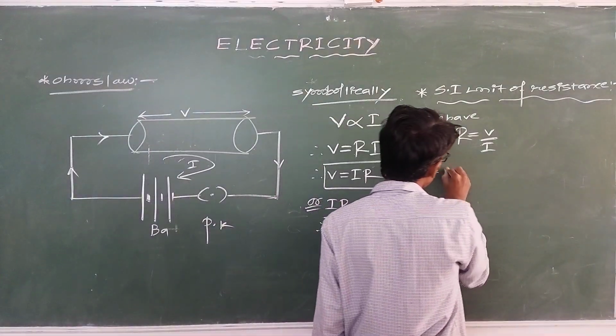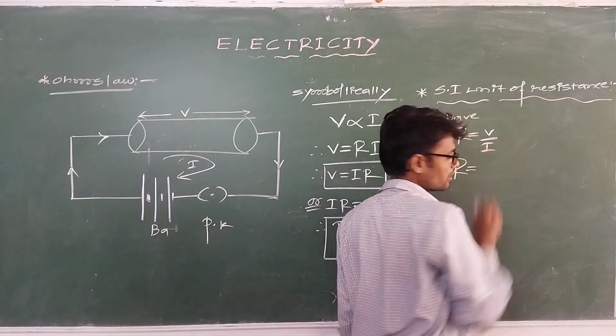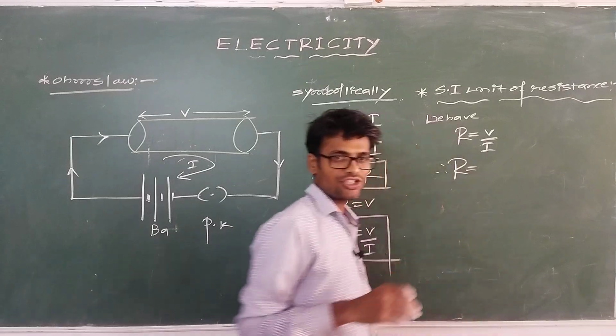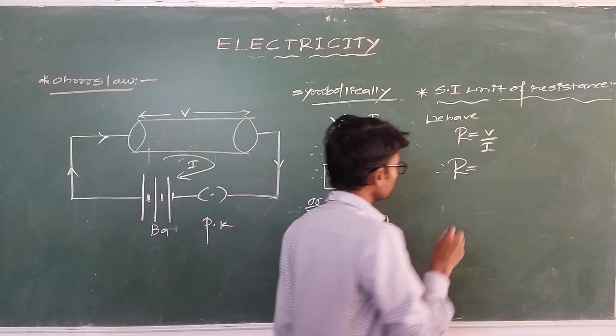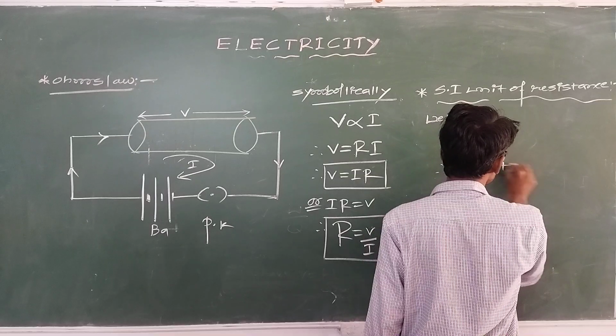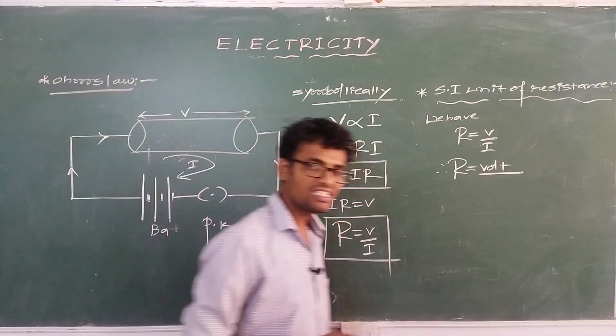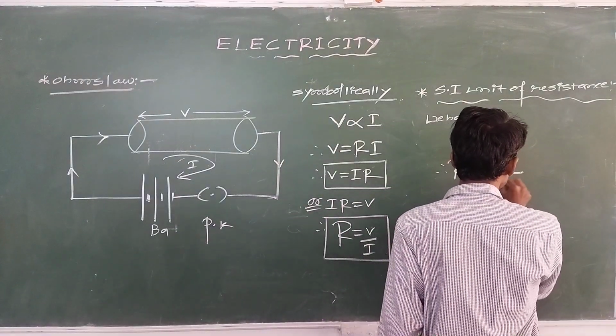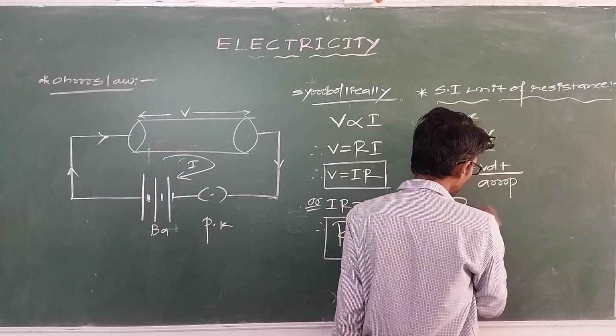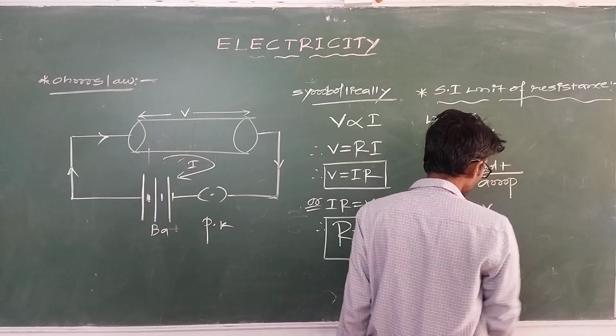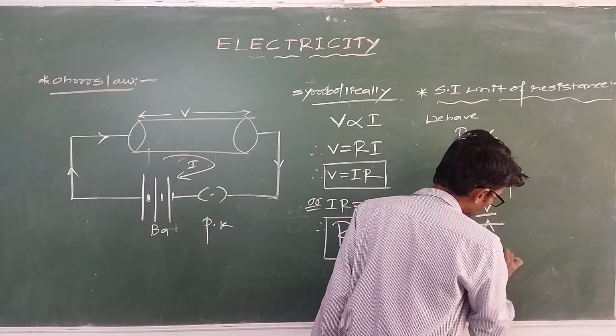So therefore, R I will write as it is. V means potential difference, and potential difference is measured in volt. I is the current, which is measured in ampere. So therefore R is equal to V by A. So V by A is an ohm.